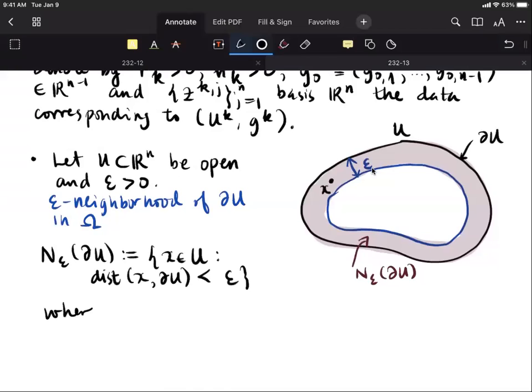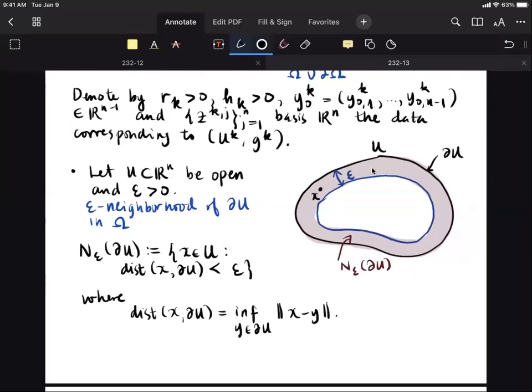Take note here that the distance of a point from a set is the infimum over all y on the boundary of the distance between x and y. So this is the smallest distance between the point and the boundary.